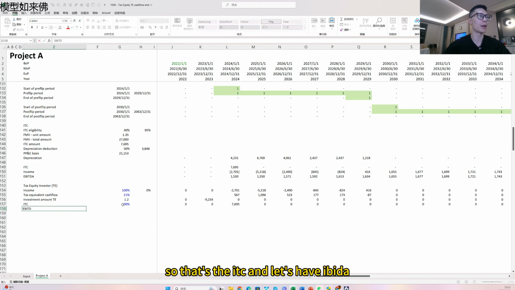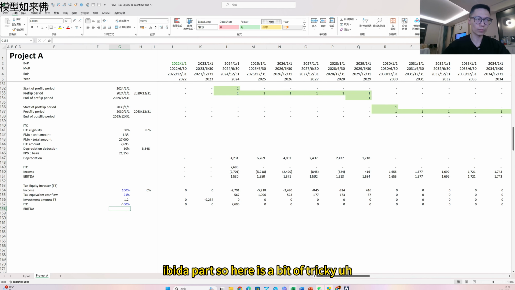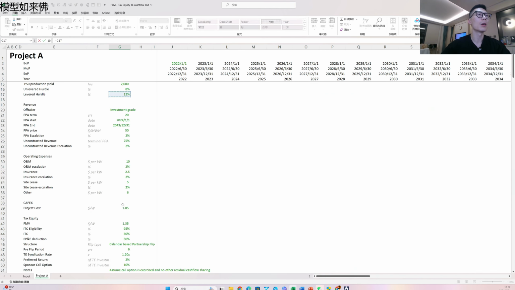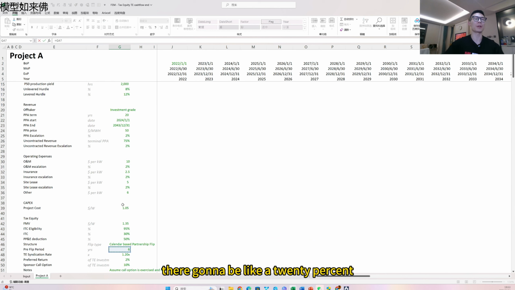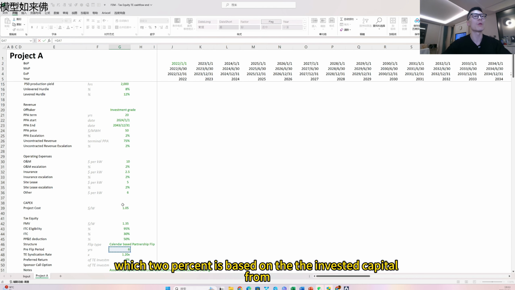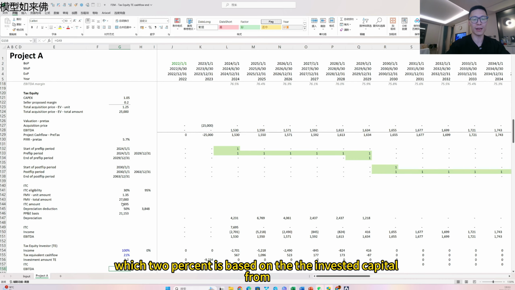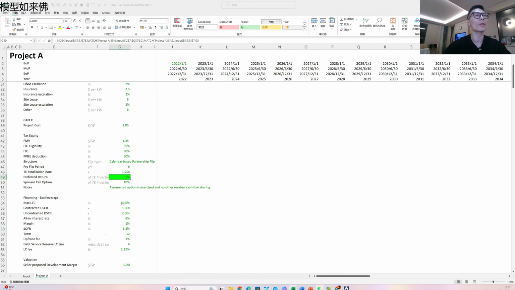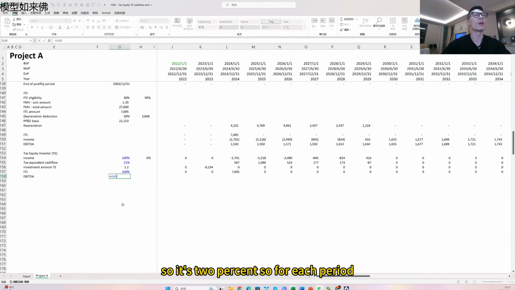And let's have an EBITDA part. So here's a bit tricky. Normally, in the U.S. market, there's going to be a 20% or 15% cash flow distributed to the tax equity investor. However, in our case, there is a 2% preferred return, which is based on the invested capital from the tax equity. So it's 2%.